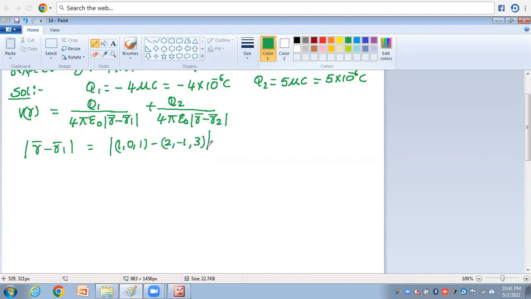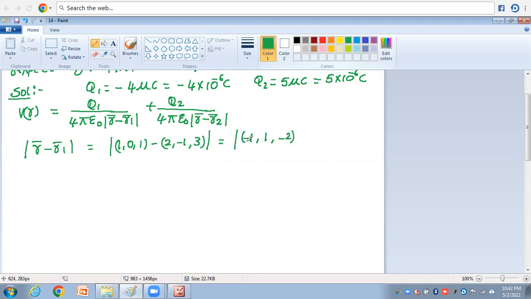Now doing some mathematical part, 1 minus 2, the answer is minus 1. 0 minus 1, the answer is minus of minus 1, that is 1. Then 1 minus 3, the answer is minus 2.